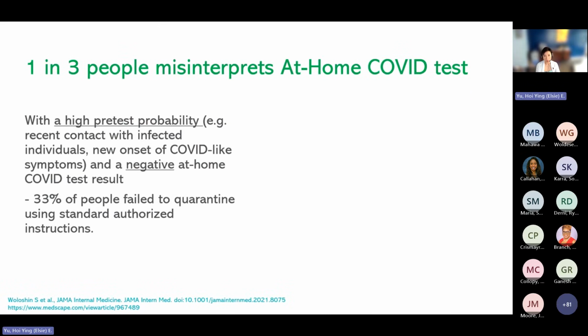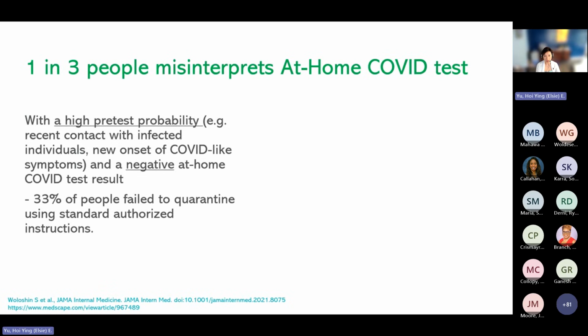Here's another example of misinterpretation of at-home tests. During the COVID pandemic, one of the papers published showed that 1 in 3 people misinterpret at-home COVID tests.